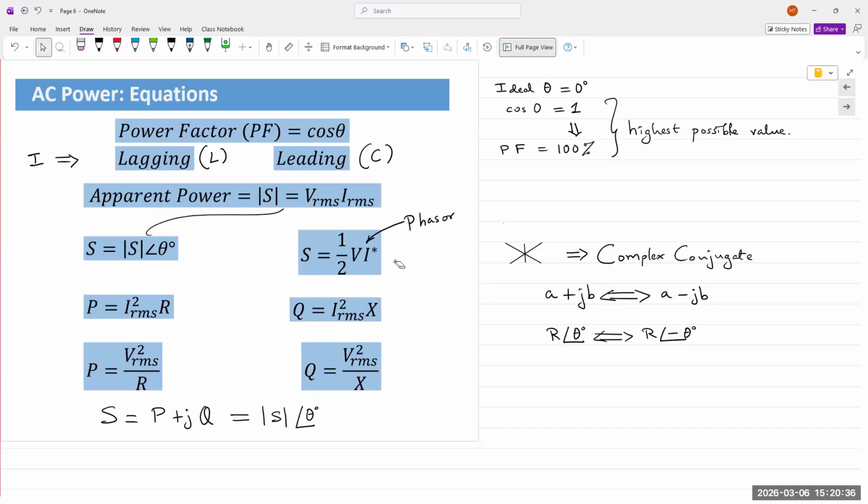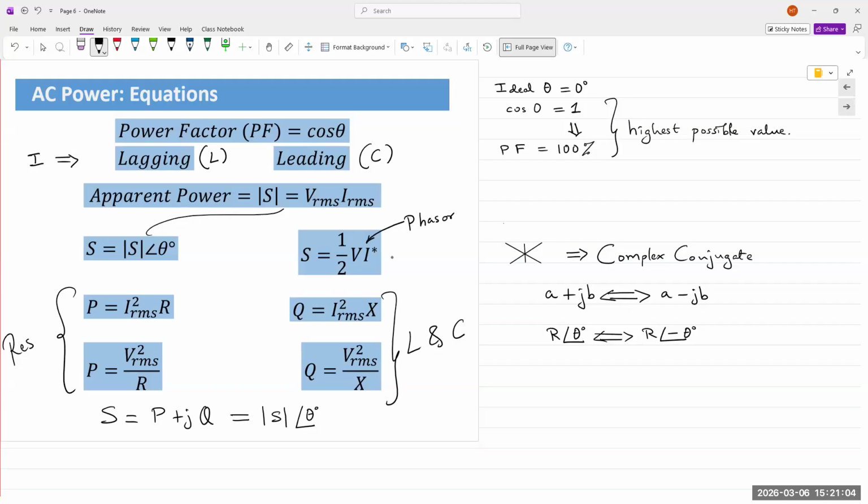So if you have a resistor and you apply an AC current, it is still I squared times R, except it's the effective value or the RMS value. These equations apply to a resistor, and similar equations apply to an inductor and capacitor. For inductor and capacitor it is the same form, except power associated with a capacitor and inductor is noted as Q, reactive power.